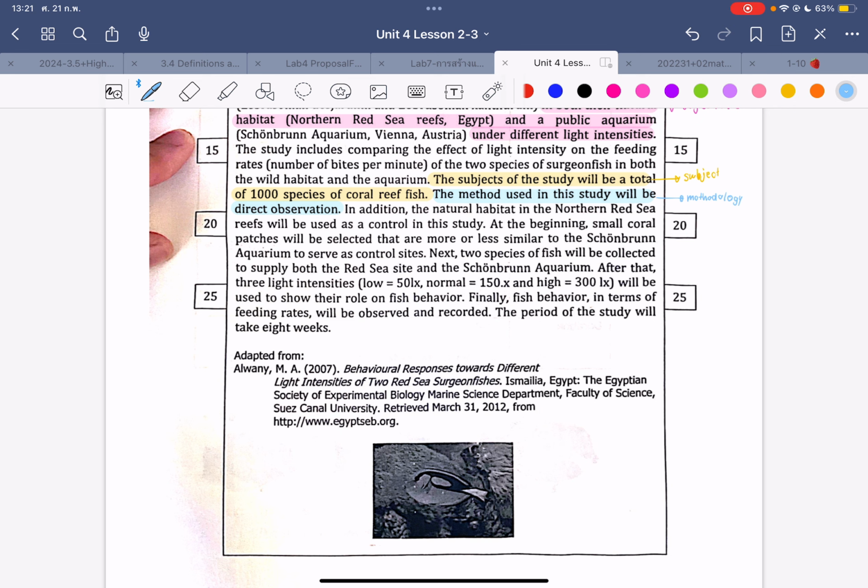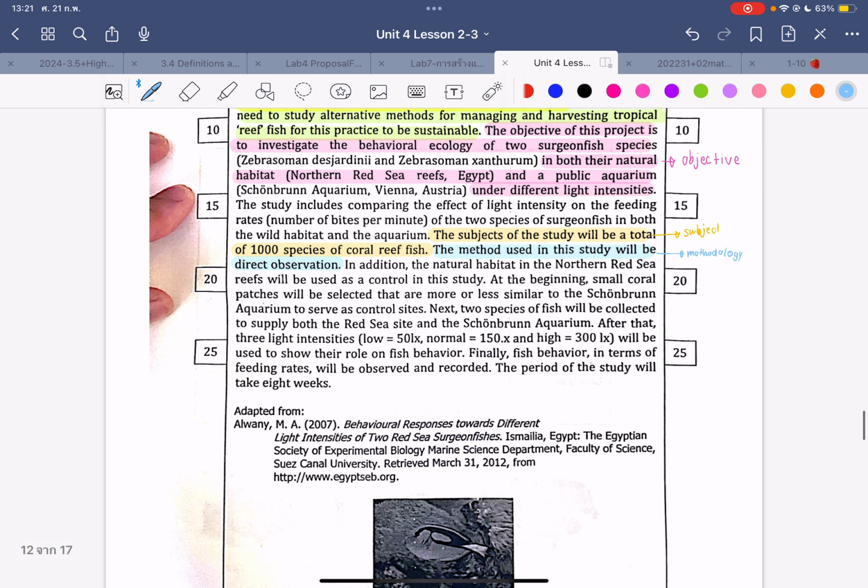Okay, they will look at different light intensities. So the study includes comparing the effect of light intensity on the feeding rate. So for example, if the light is very low, how are the fish eating, feeding? And if the light is too bright, how do they react, what is their feeding rate?